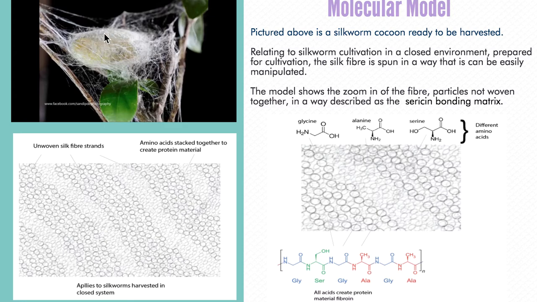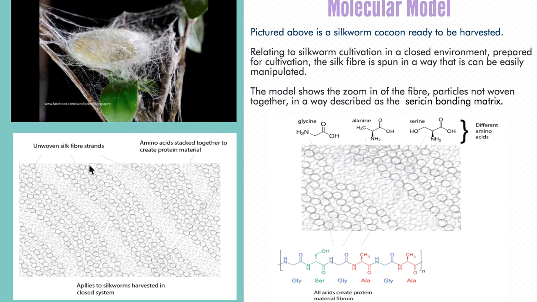So here is my bulk image of the cocoon. As you can see, here are the different strands of this silk fiber. These strands are made up of chained silk fiber particles, and as I've made right here in my model, these are the different chains. This in the middle is the sericin bonding matrix, and you can see that they are not as strong as here, which comes later in my CER.